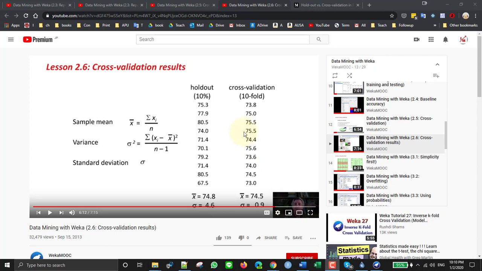So that, I guess, is the reason why holdout has a higher variance or standard deviation. Cross-validation, although it seems like the same thing as holding out 10%, is really not, because here we're guaranteed to be testing on every single value in the data set, whereas with holdout we're not guaranteed of that. And somehow that leads to a smaller standard deviation.